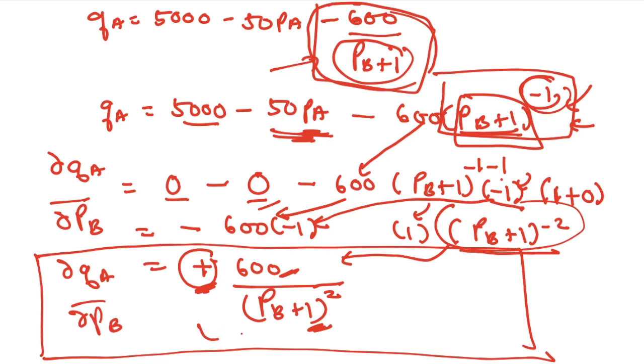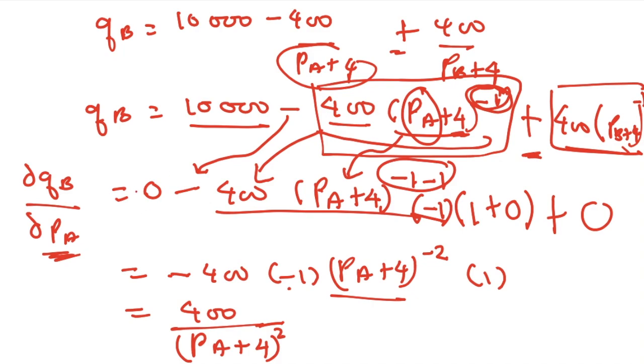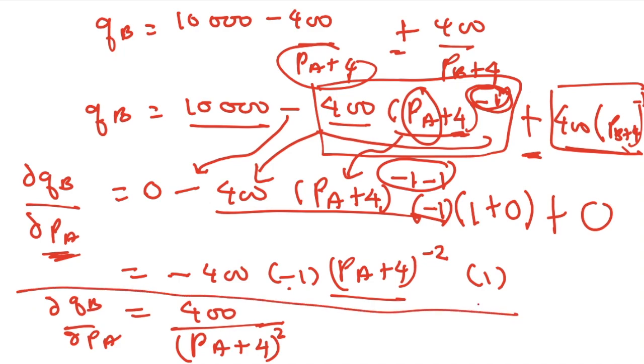So the whole thing here becomes positive, or greater than 0. What about the second derivative that we have found? If I write it again here, delta QB over delta PA, you see this one? Positive, isn't it? So the whole thing here is greater than 0, positive.